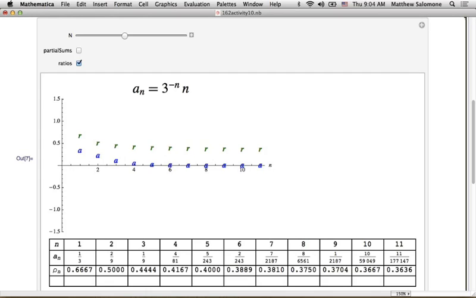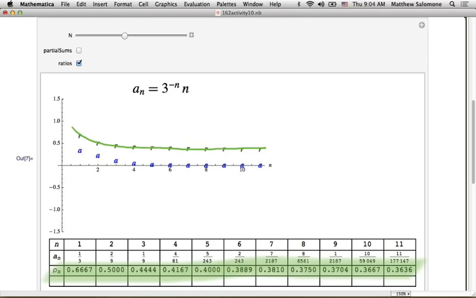So can you tell me anything about what those ratios are doing? It looks like the ratios are, well, they're getting smaller, but they're not getting that much smaller every time. Especially looking at the graph where I've actually plotted the ratios out, it looks like the ratios are leveling off to something.